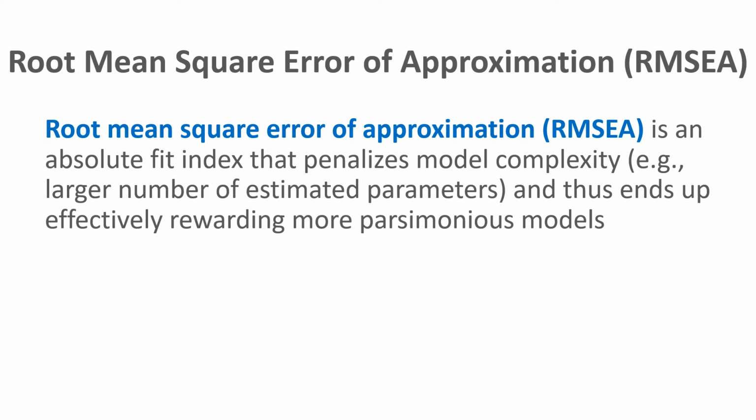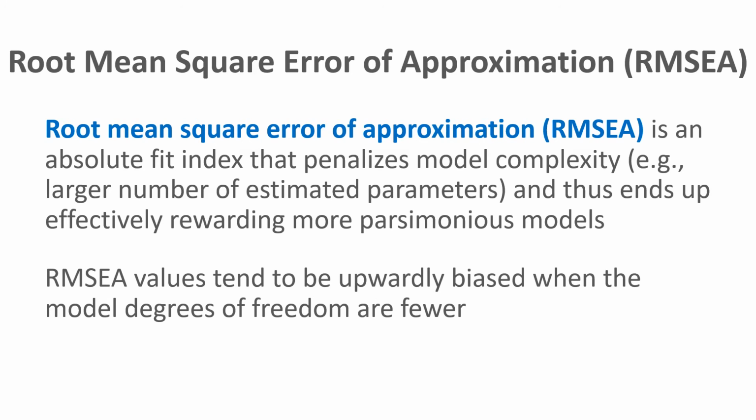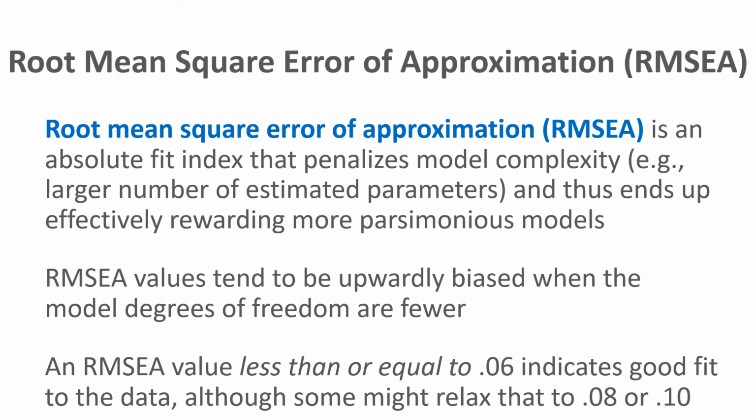And so thus this ends up effectively rewarding simpler or more parsimonious models. Now, RMSEA values tend to be upwardly biased when the model degrees of freedom are fewer, meaning we have fewer degrees of freedom in our model. Now, an RMSEA value that is less than or equal to 0.06 generally indicates good or acceptable fit to the data, although sometimes we might relax that to 0.08 or even to 0.10.